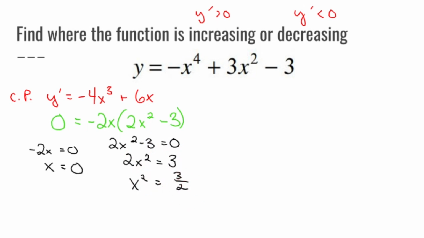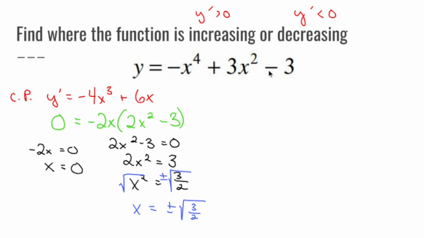Now be very, very careful. I have to solve for x, and the way I do that is by taking the square root. Do not forget your positive or negative. It happens all the time. So 2 other critical points, not 1, but 2 other critical points, are going to be positive or negative square root of 3 over 2. So 0, negative square root of 3 over 2, and positive square root of 3 over 2 are where my original function is going to have a slope of 0, so neither increasing nor decreasing.